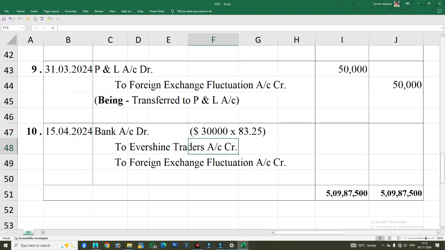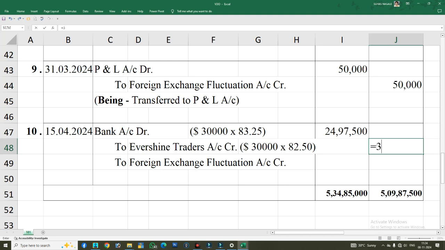The new rate is 83.25, and right here $30,000 into the closing rate, which is 82.50. Calculation: 30,000 into 82.50, and the difference between the two, 22,500.